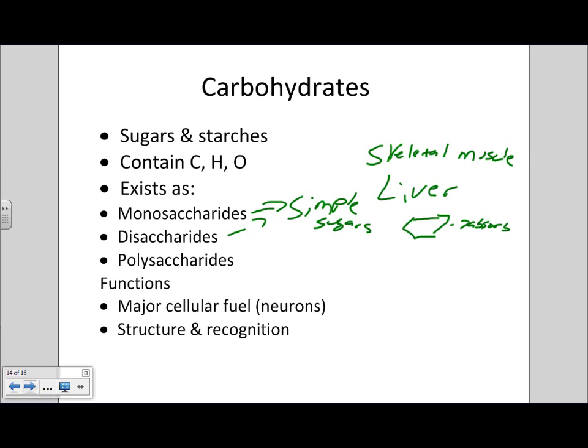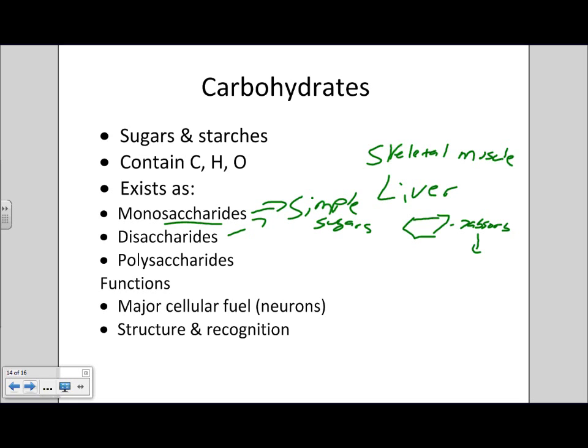Then as a result, that's going to affect your insulin levels. That's going to stimulate you to store a lot of these as you flood your system with these sugars. Because typically, when you eat foods that have simple sugars in them, the simple sugars are usually in high amounts because it makes them taste good. The most common one out there is high fructose corn syrup, and that stuff is really not that good for you.